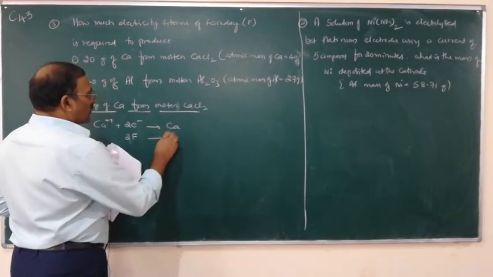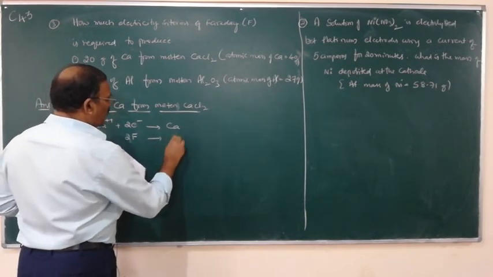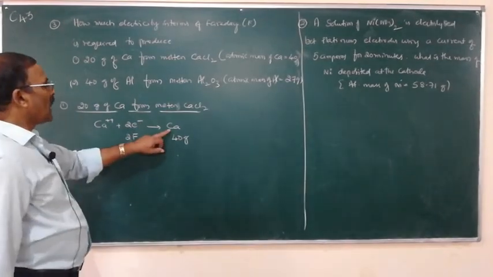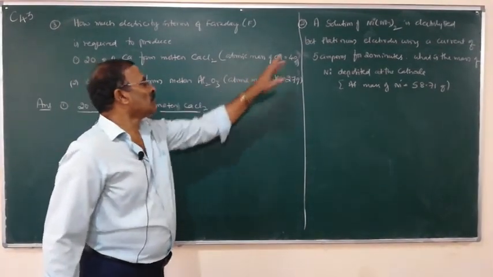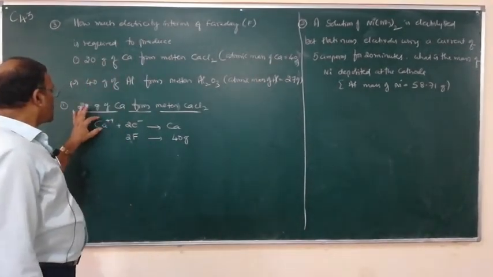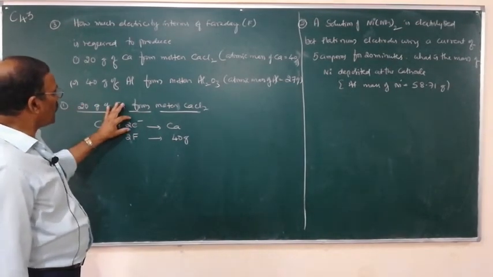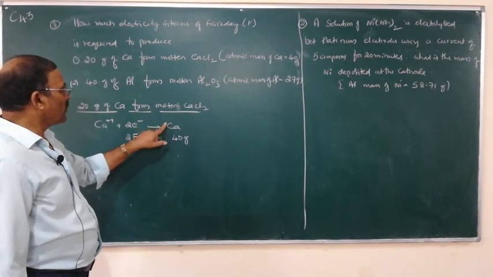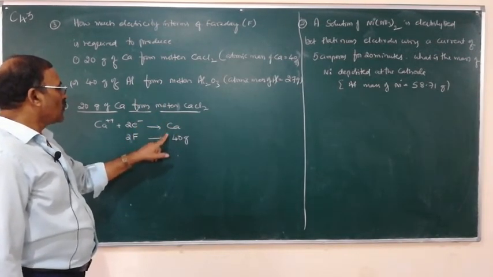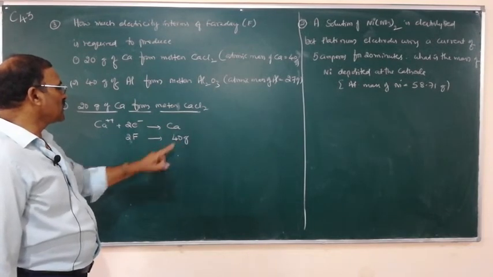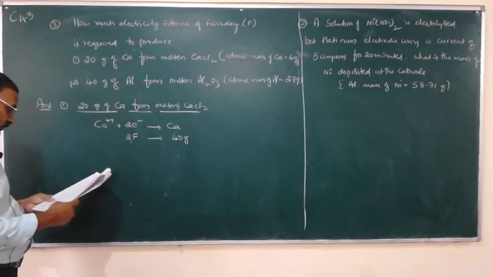So what is the amount of calcium formed? 40 gram. 40 is the atomic mass of calcium. So 1 mole of calcium ions accepting 2 moles of electrons, you will get 1 mole of calcium.